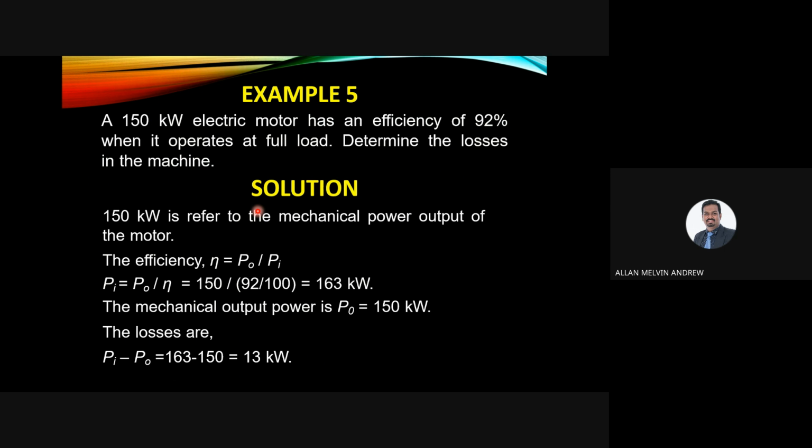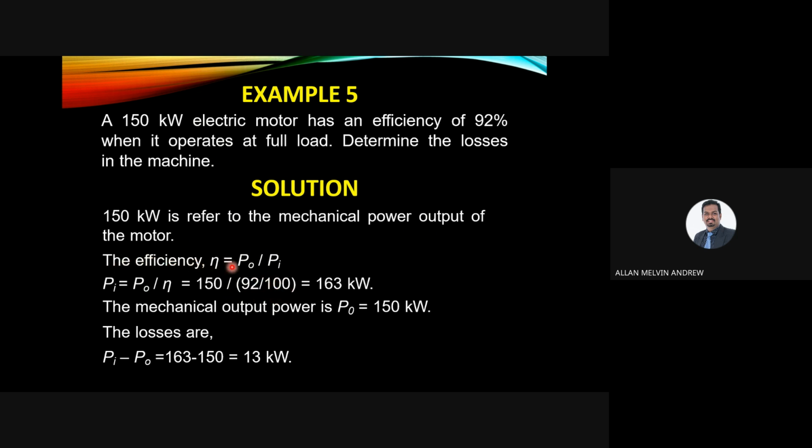How to solve? 150 kilowatt refers to the mechanical power output, so this is PO of the motor, because it operates, meaning it's giving output. We can use the same formula, but we do not have times 100 here because we incorporate it inside.